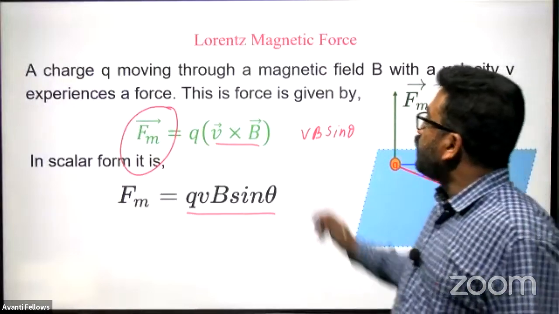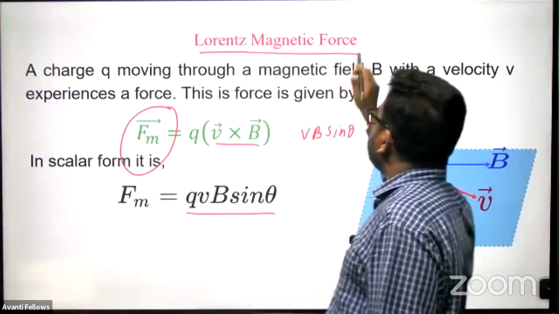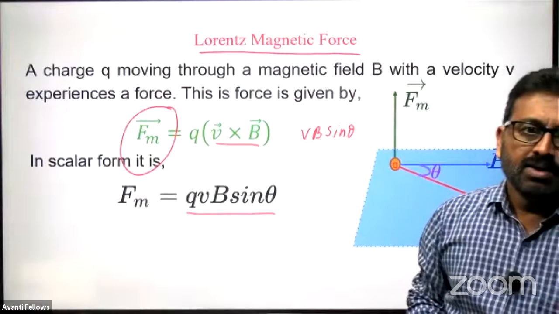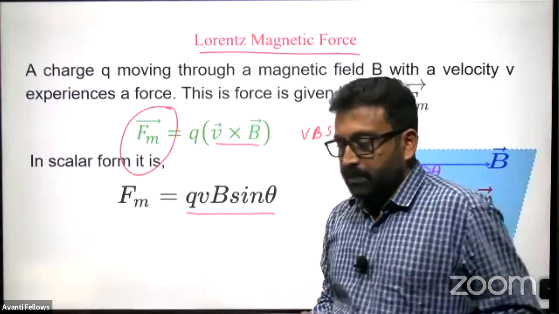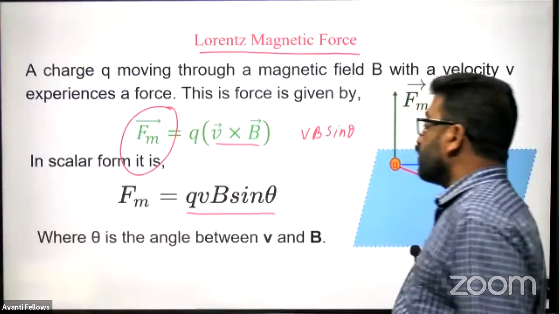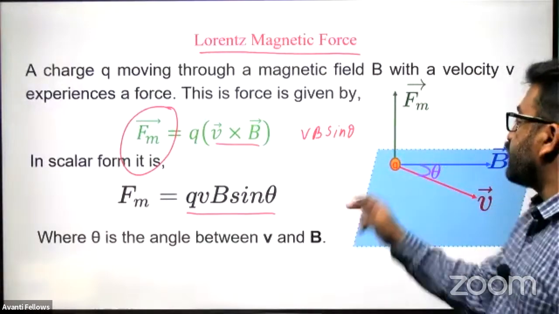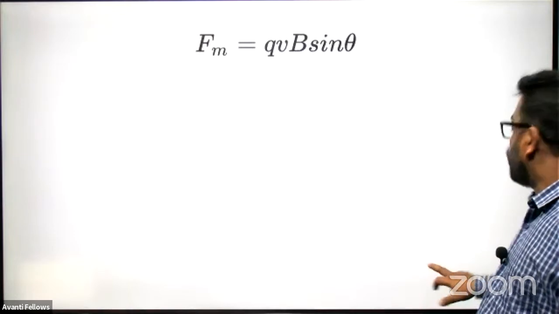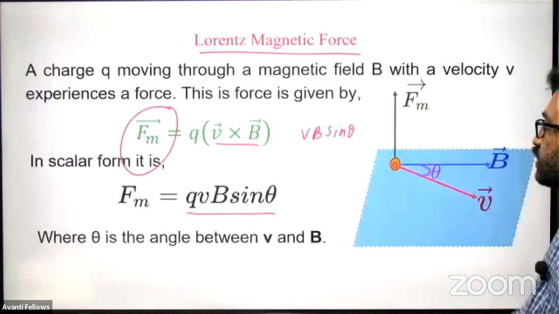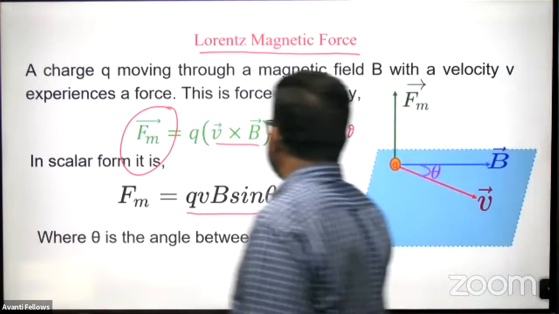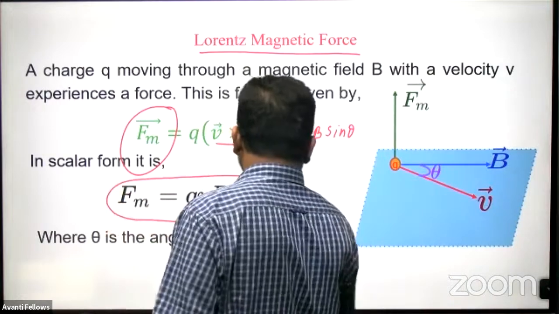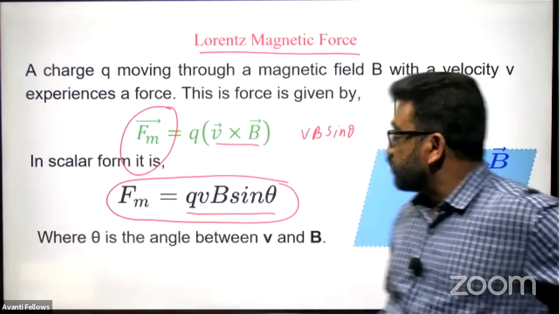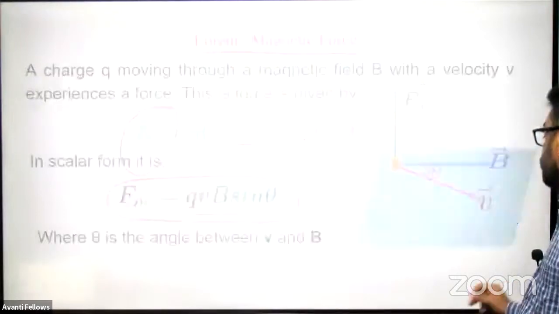So this force is called Lorentz magnetic force, Fm. Theta is the angle between V and B that we have discussed here. So Lorentz magnetic force is equal to QVB sine theta, or Q into V cross B.